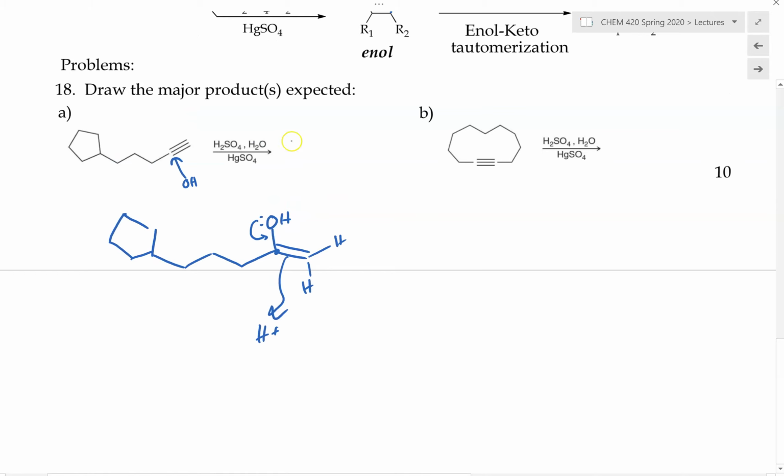So therefore, the product of this reaction will then be as follows. And in this case, we are producing a methyl ketone. A methyl ketone is basically a ketone in which one of the alkyl groups is a methyl.